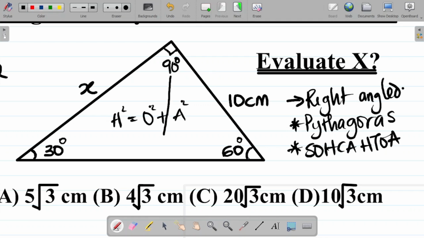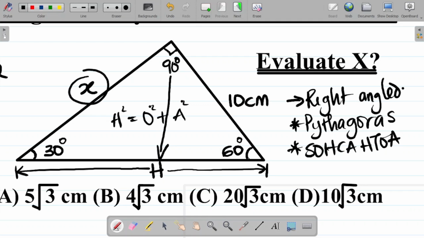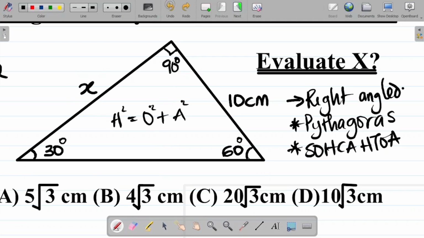But there's no value for it, and there's no way we can solve for the hypotenuse, because x is also an unknown. With two unknowns, we can't find the hypotenuse. So the Pythagoras theorem concept will not work in this question. We'll cancel Pythagoras.